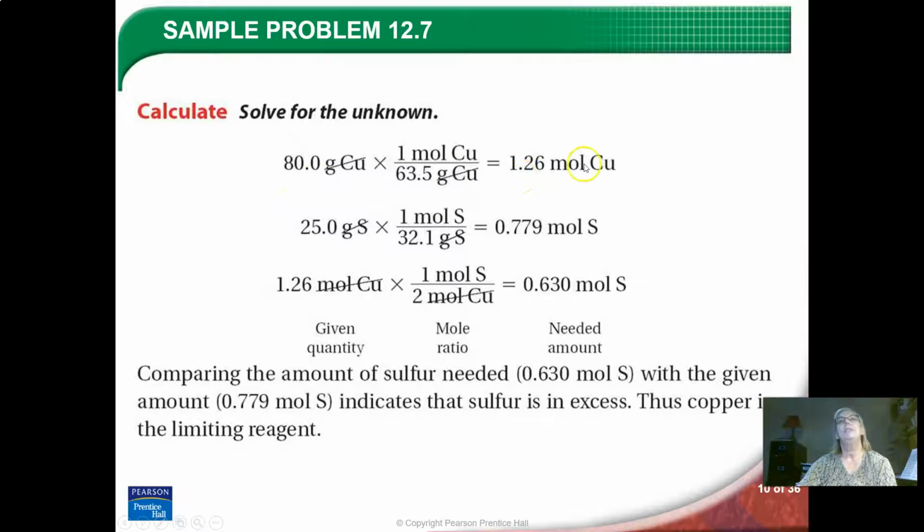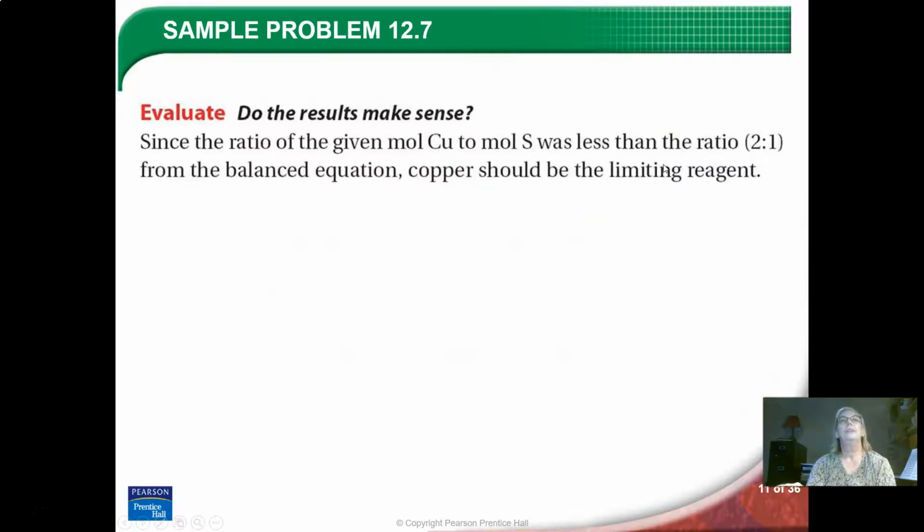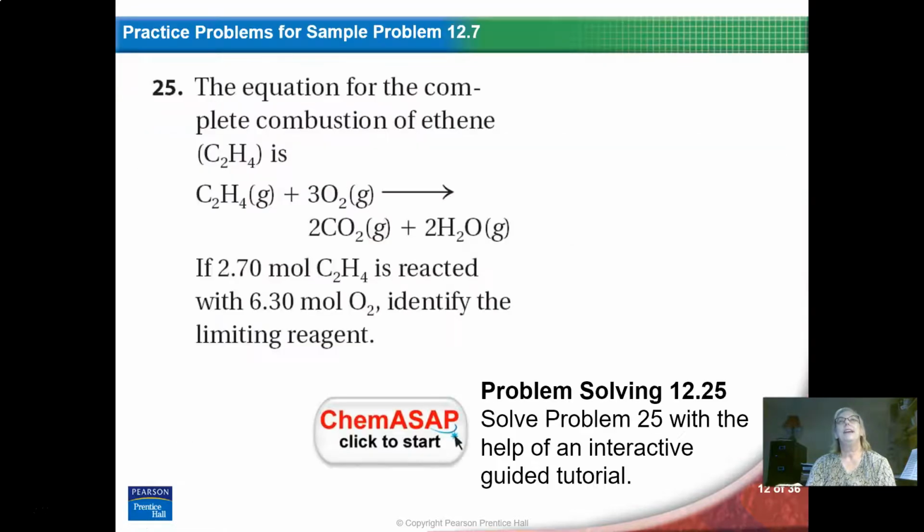So grams to moles, molar mass, grams, molar mass to moles. And then we know we have a 1:2 ratio. So if I have that many moles of copper, I need 0.63 moles of sulfur. How much do I have of sulfur actually? I have actually this much. So this is going to be my excess, and copper is going to be my limiting.